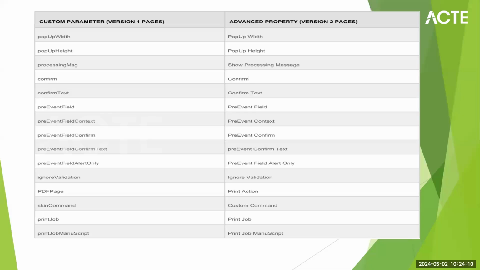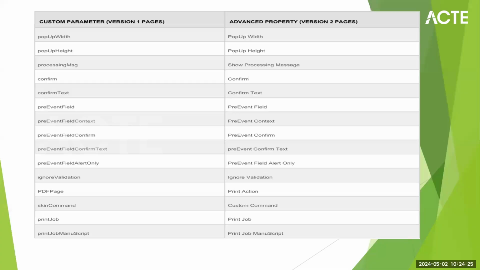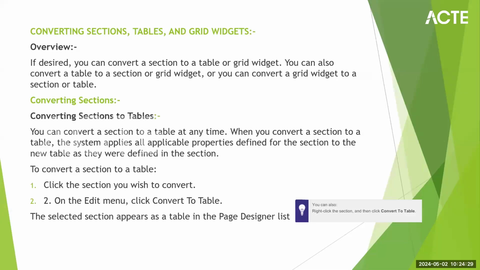These are also the same: pop-up wide and pop-up hide, crossing message, confirm, contrast, print job manuscript, ignore validation, pre-event alert field. So these are some of the actions in the page designer while creating a manuscript for the particular page.